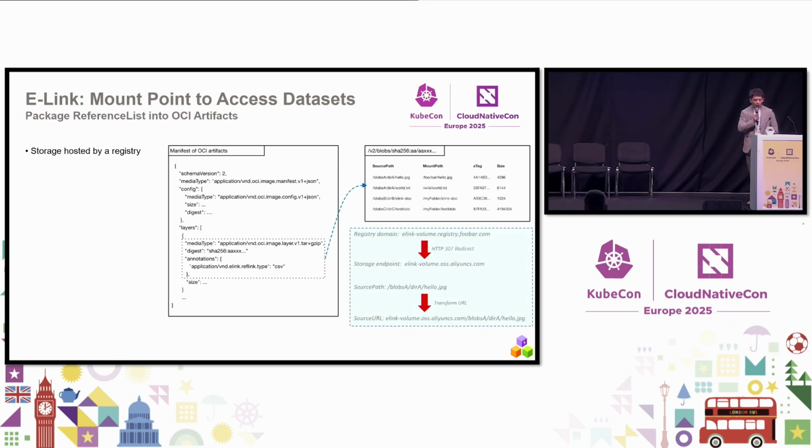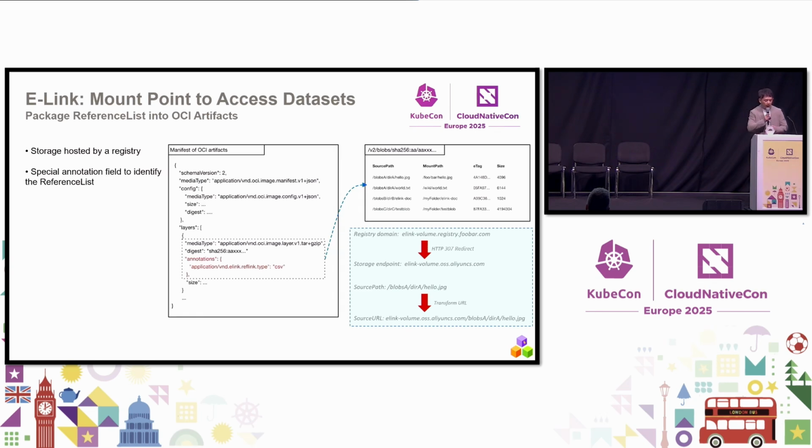As we all know, when we try to get a blob from the registry API, the registry will return either a redirected URL or the blob content, depending on the status code. So it's easy to get the backend storage endpoint from the registry API, and combined with the source path field, we can get the actual path of the target blob.